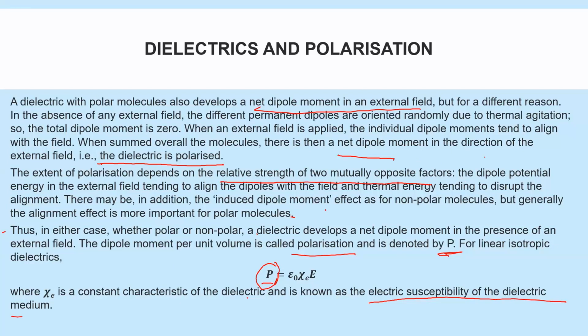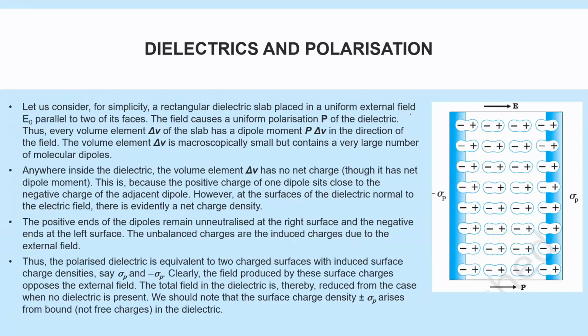As you can see, suppose we are considering this dielectric slab. It is in a uniform external field, and the field is parallel to two of its faces. The field causes a uniform polarization P of the dielectric, as we already saw, and every volume element of this dielectric will have a dipole moment, P into delta V, in the direction of the field.